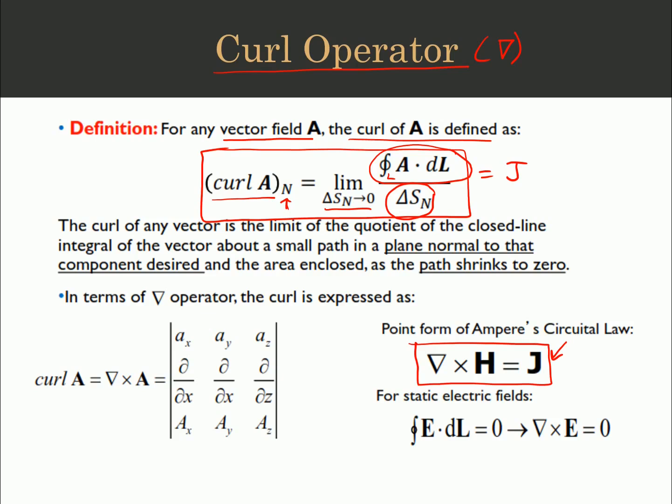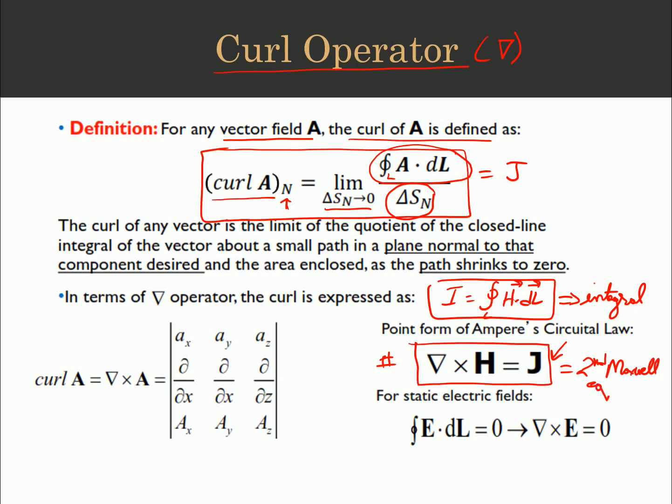This means that there should be an integral form of Ampere's law. The integral form of Ampere's law is, as we saw earlier, the closed integral of H dot dL. So this is the integral form, and this is the point form of Ampere's law, also known as the second Maxwell equation. We will look into this later on.